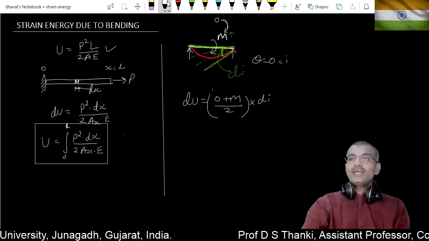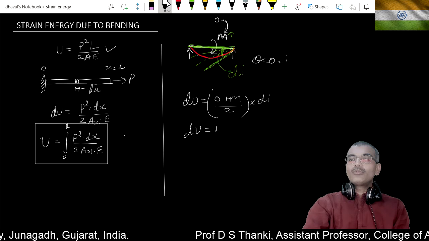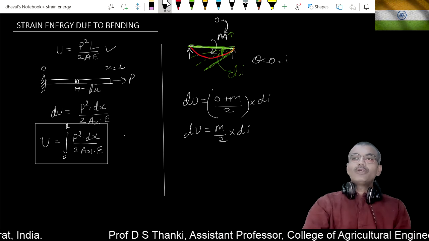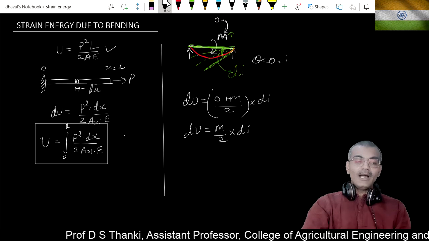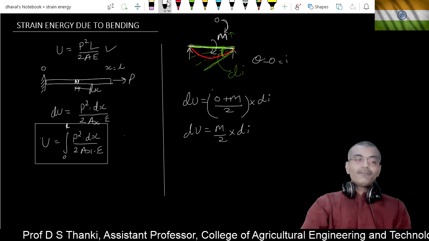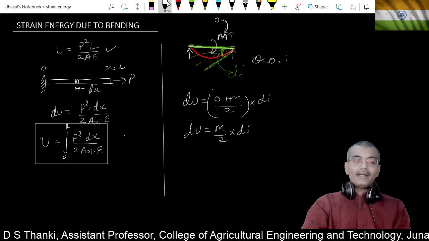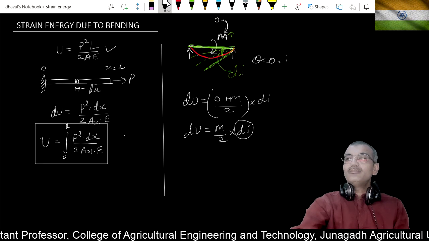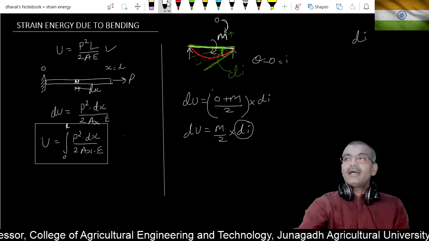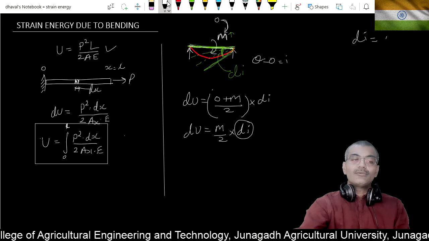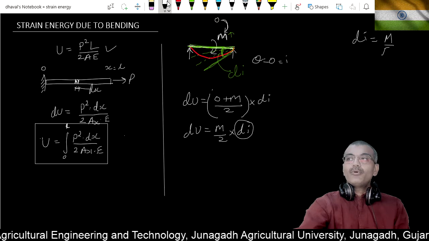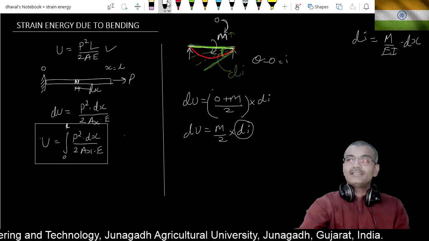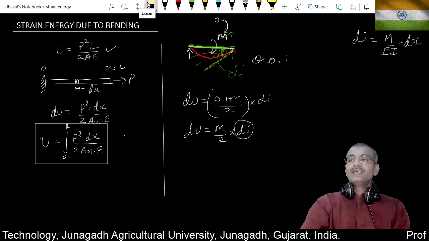So indirectly dU is equal to M by 2 into dI, and in the simple bending theory, dI is equal to M upon EI into dx. This is in the simple bending theory in engineering mechanics.